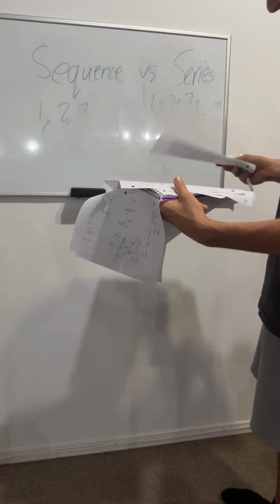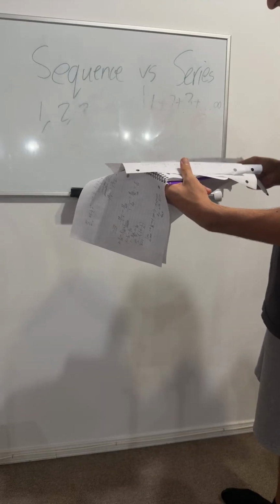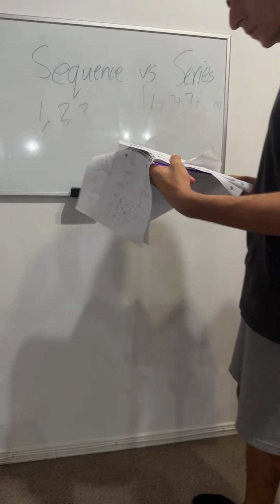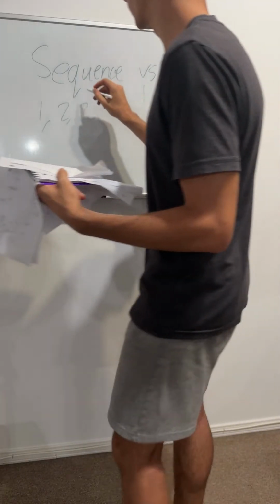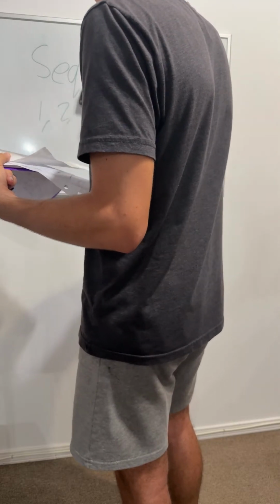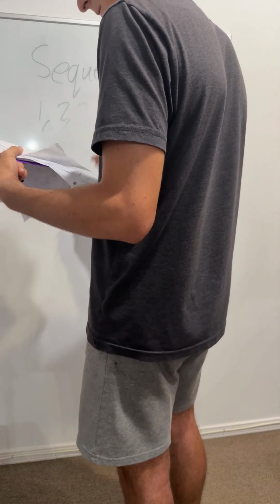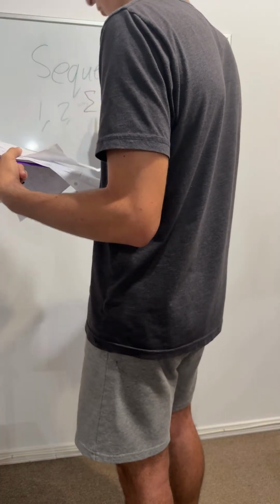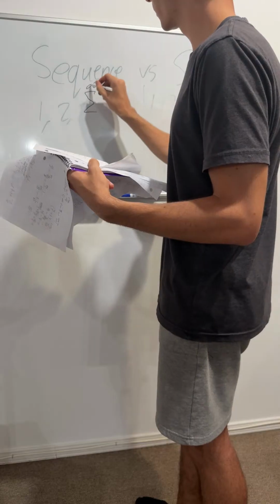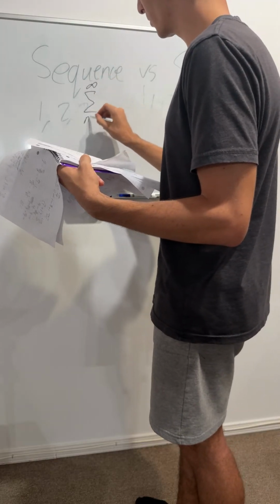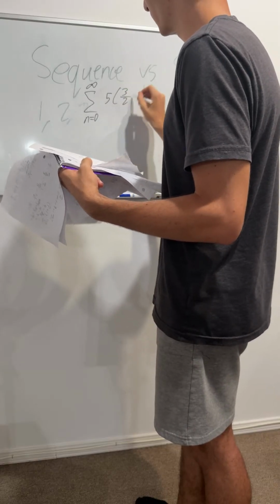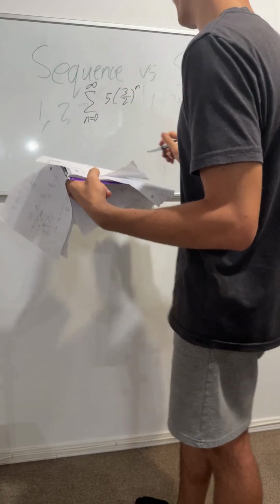Next we were told to do 12 by a viewer. So what does 12 say? The summation, n equals 0 to infinity, of 5 times 3 over 2 to the n.